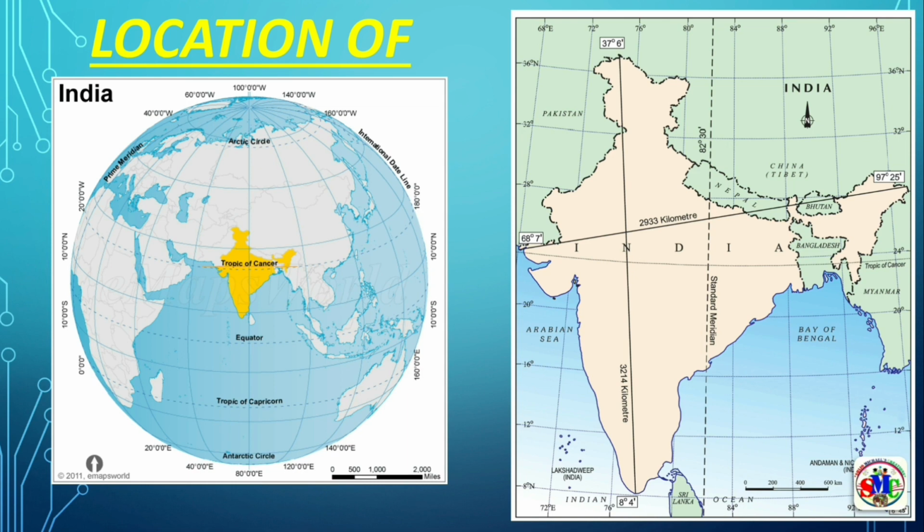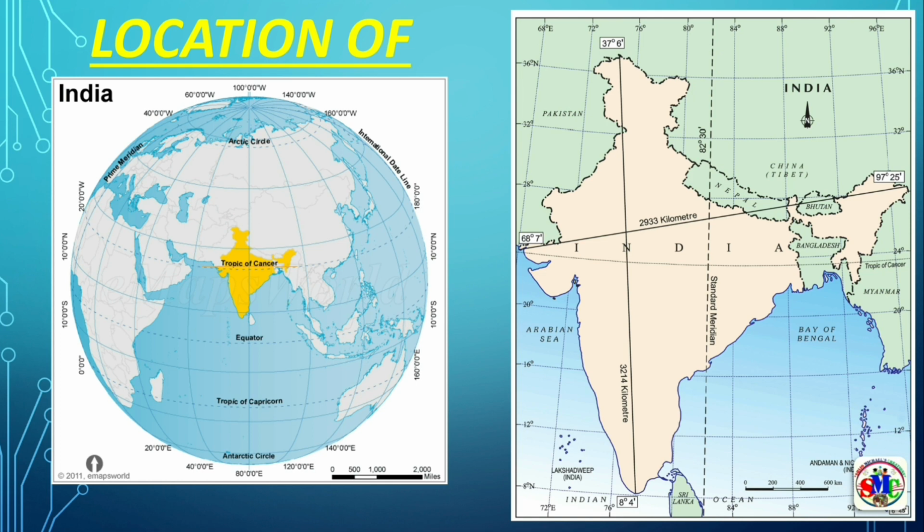Now let us have an idea about the location of India. Here from this picture you can see that India is in the northern hemisphere on the basis of latitude, as India is on the top of the equator. When we take the longitude, India is in the eastern hemisphere. Now let us see the exact location and grid of India.